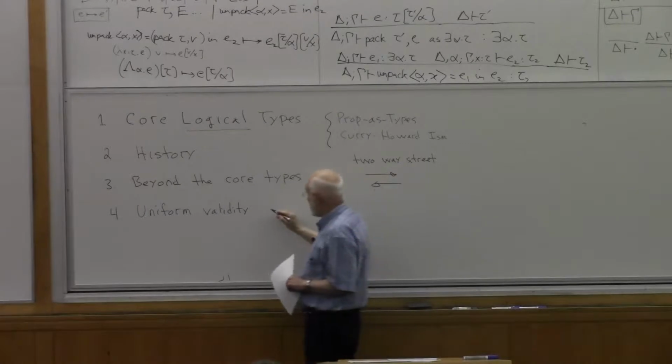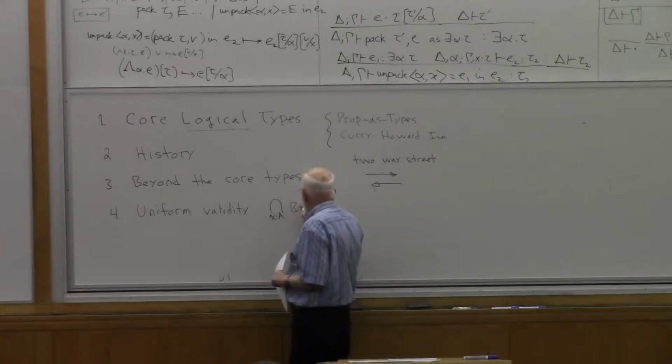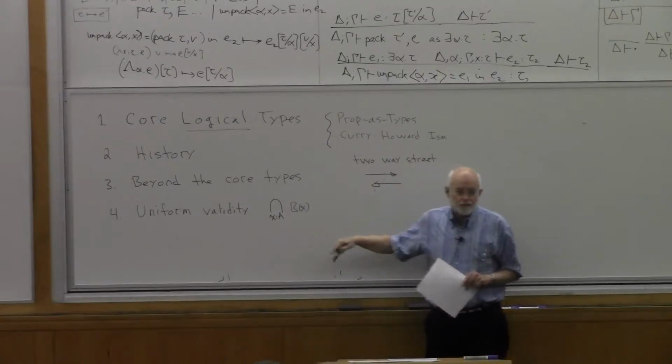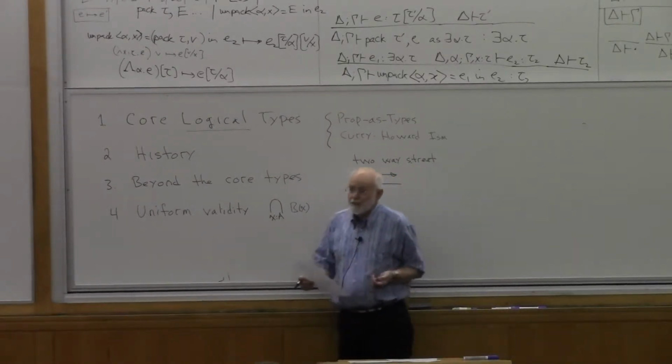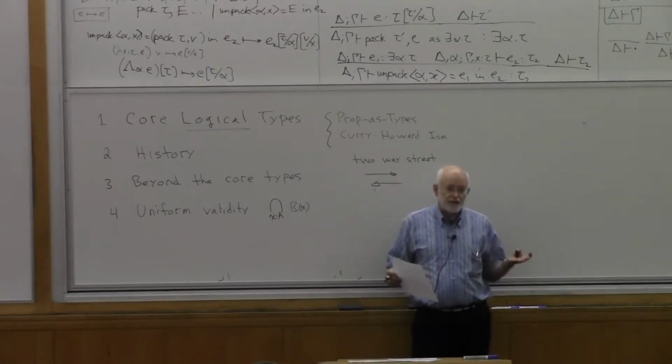In particular, the operator that Mark has talked about is this new quantifier, a uniform for all. And we'll talk about it in more detail. But this leads to a fundamental new idea in logic called uniform validity.